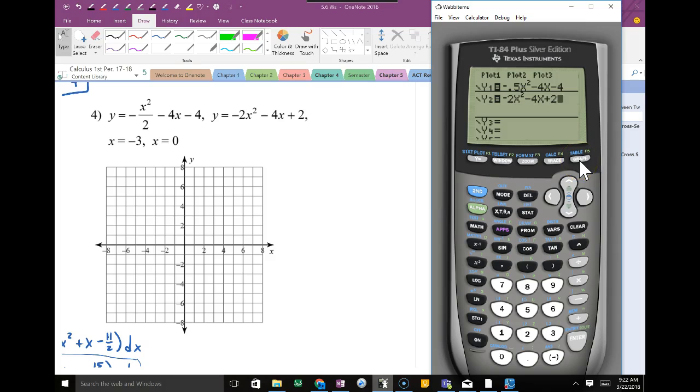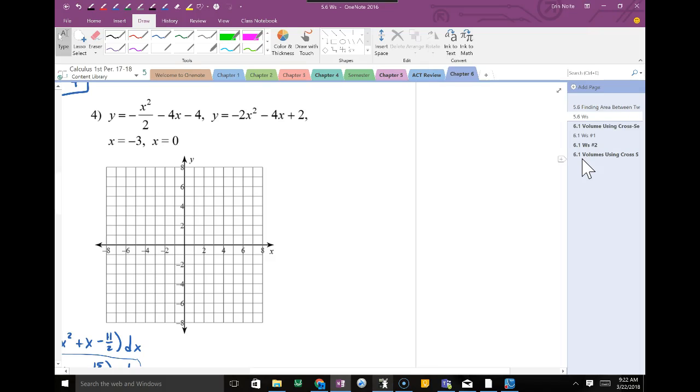All right, so I'm going to hit graph. We got an upside down parabola for the first equation, and another skinny upside down parabola. Okay, so I'm going to use the table and draw some points here. So we got negative 6, negative 2.